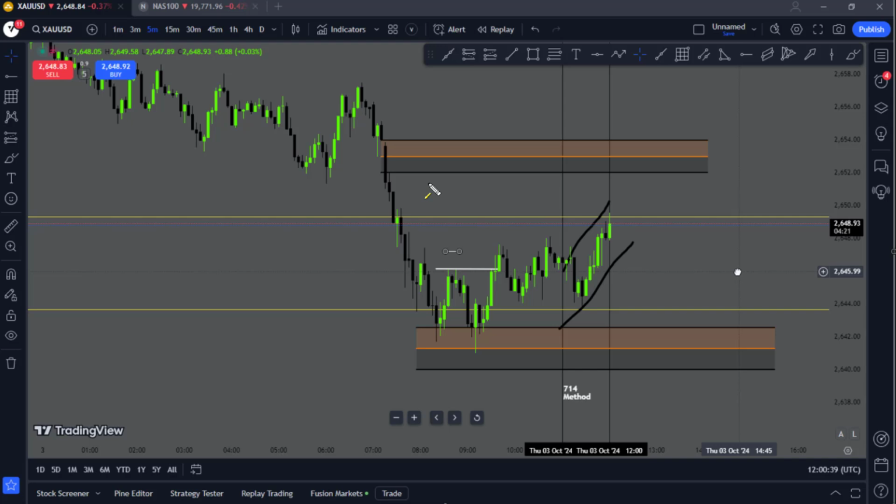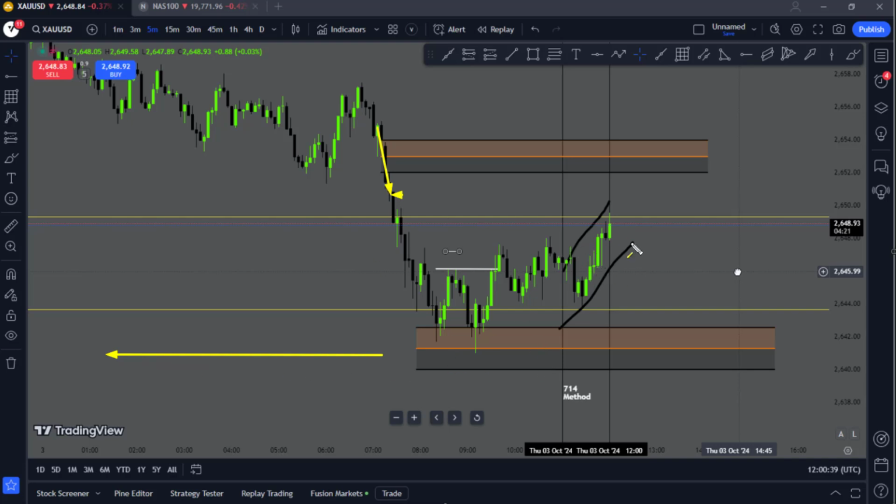Looking at this level, that was a 15-minute time frame. If you go to the 15-minute time frame, you will realize that from this level all the way down to here, that was a fair value gap. When you go back to this level, you realize that there's a lot of liquidity there. So it was very simple.